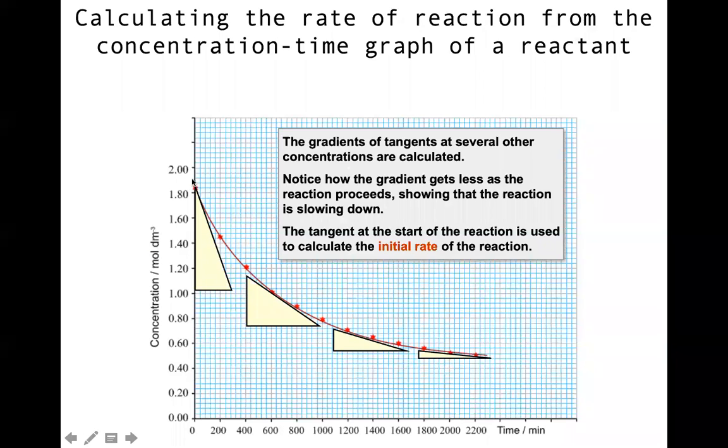How do I read this graph? 1.8 something mole per dm cube of reactants. Okay, so of course, over time, your reactants will decrease until it eventually reaches either 0 or it reaches a flat line, a plateau. This means that the reaction has stopped.